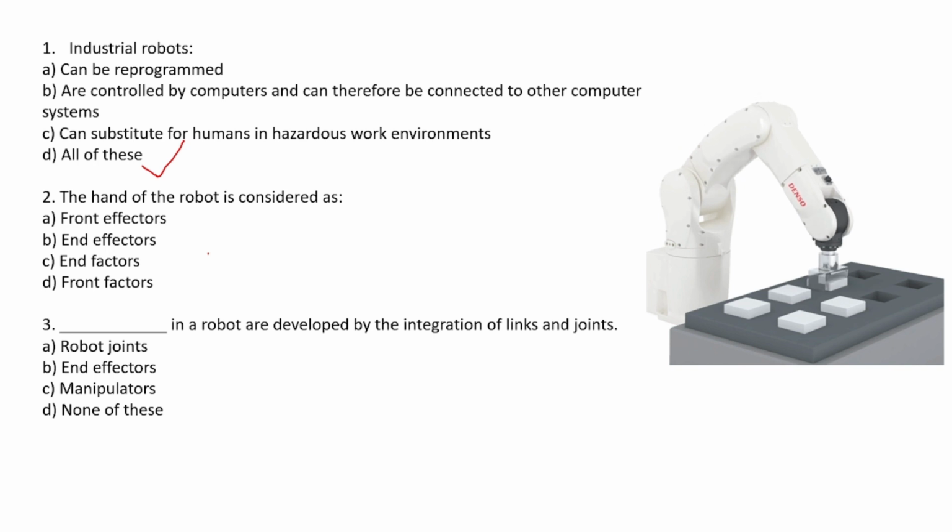The hand of the robot is like an end effector, as it is designed to mimic the function of the human hand, so it basically interacts with objects in a similar way. So the right option will be end effectors. The hand of the robot is considered as end effectors.